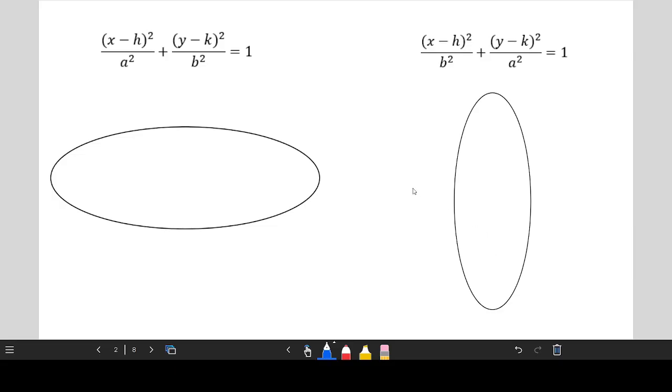So let's just talk about some of the things that we're going to see on the ellipse and the different parts that we're going to identify. The ellipse is going to have a center. And then at each end of the long direction, we have what's called a vertex.